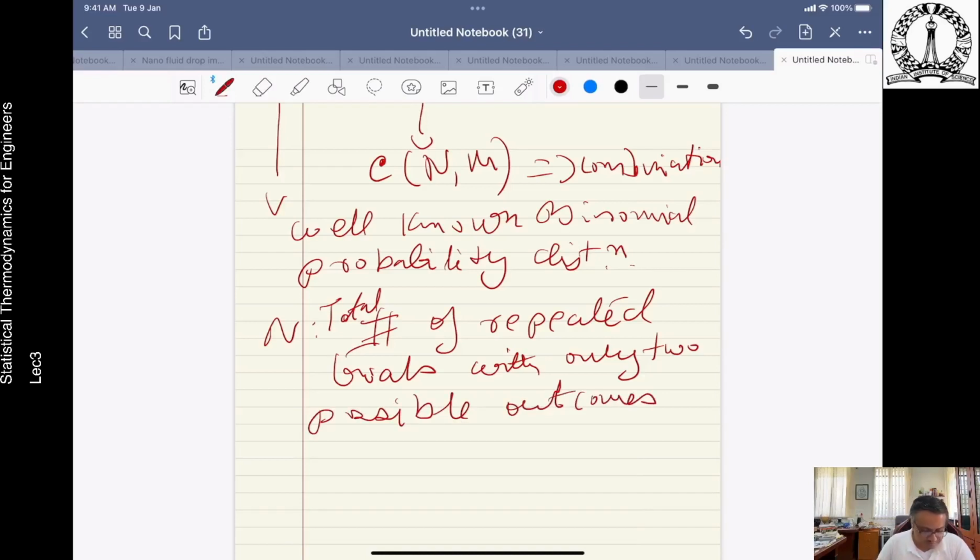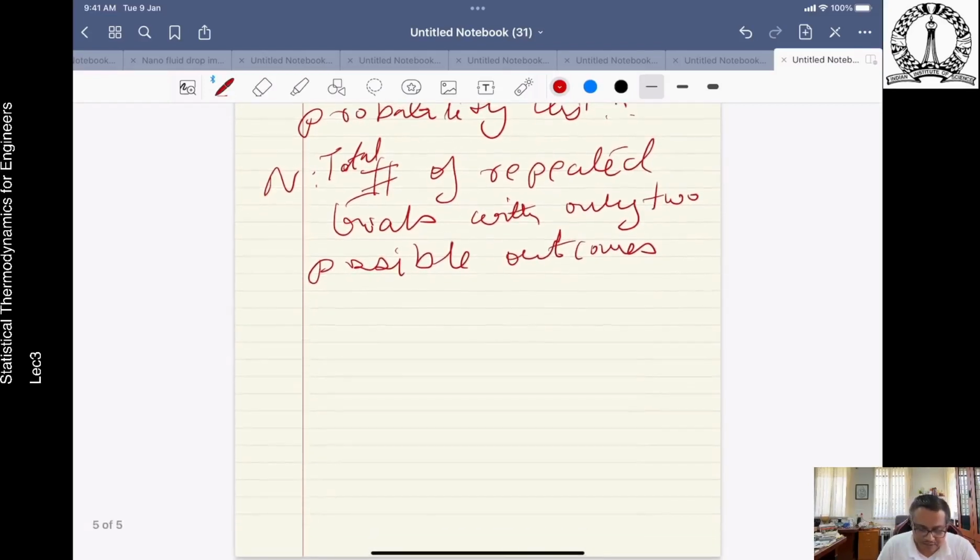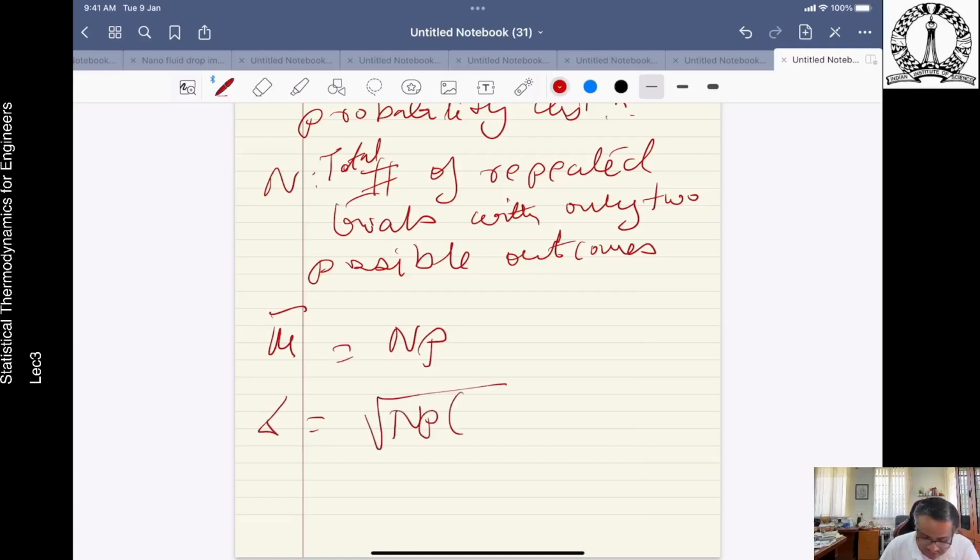The mean of such a distribution, written as m bar, is given as np, and the standard deviation is given as the square root of np times 1 minus p, which is also written as npq.